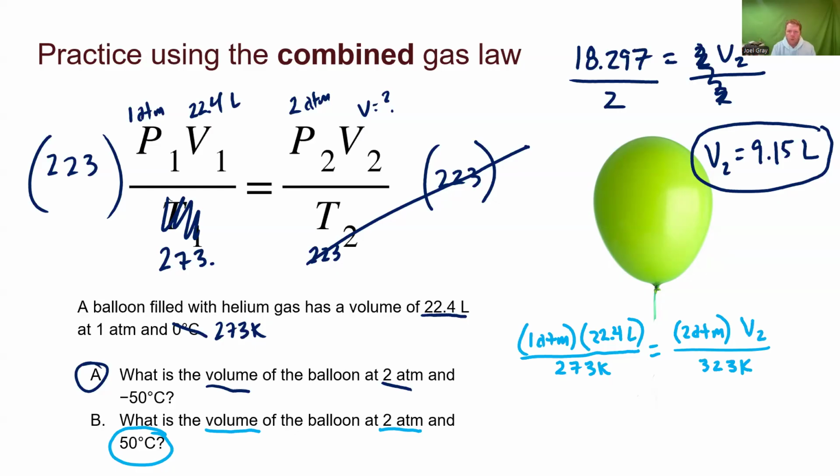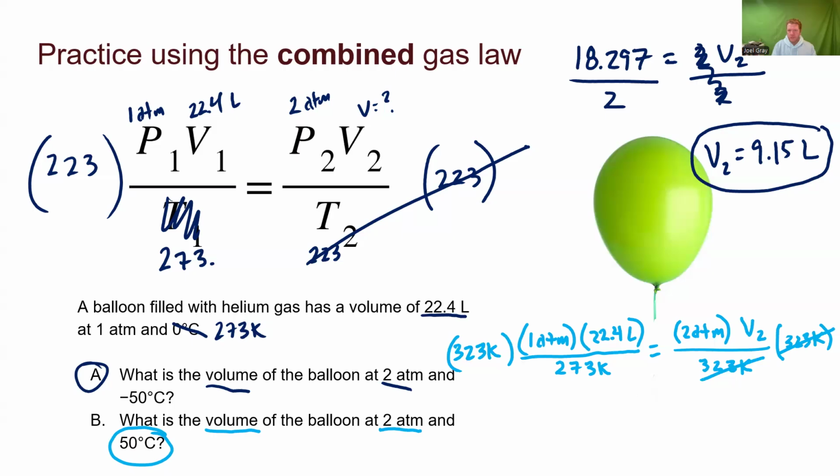So now what I'm going to do is plug in 22.4 divided by 273, and I'm going to get that number right there, 0.08205. I'm not going to write that out because I'm just going to save myself the space. I'm going to multiply each side by 323 Kelvin.